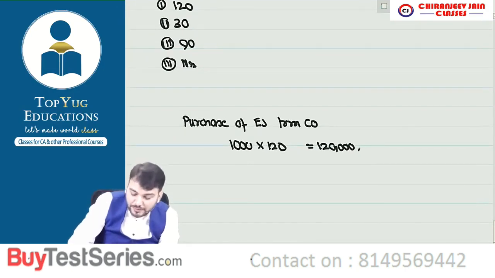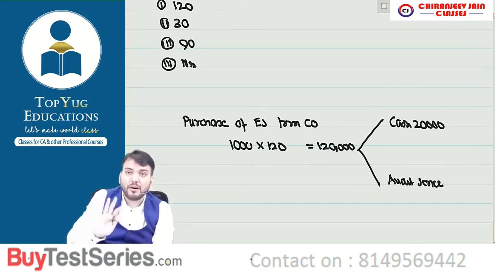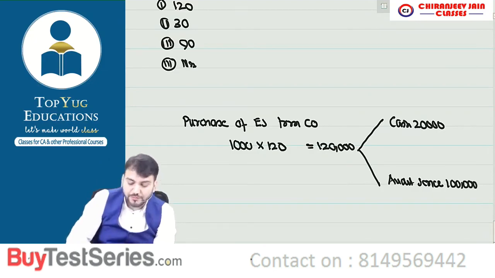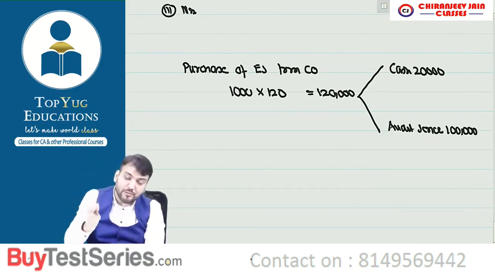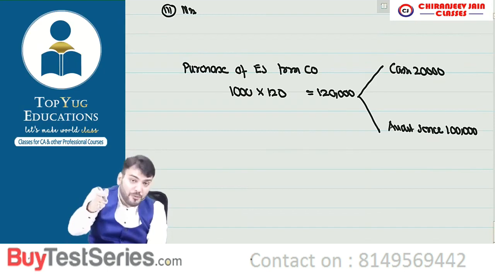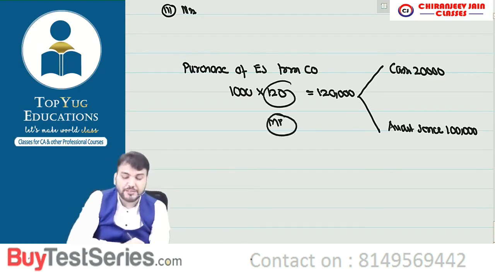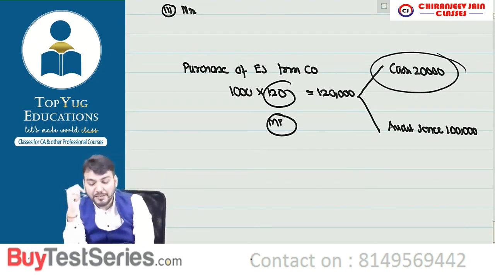I can say to the company that I will give you cash of rupees 20,000 and audit service of rupees 1 lakh, for which you need to pay, so do not pay now. Yes or correct? Audit service of rupees 1 lakh means I purchase equity shares at 120. This is the market price. I will pay 20,000 in cash and provide 1 lakh in services.